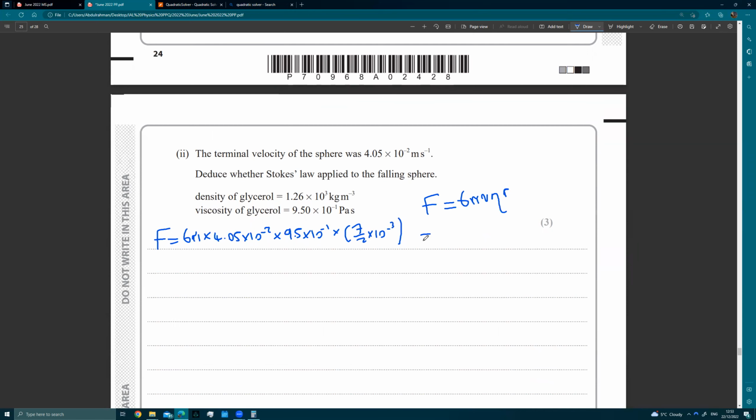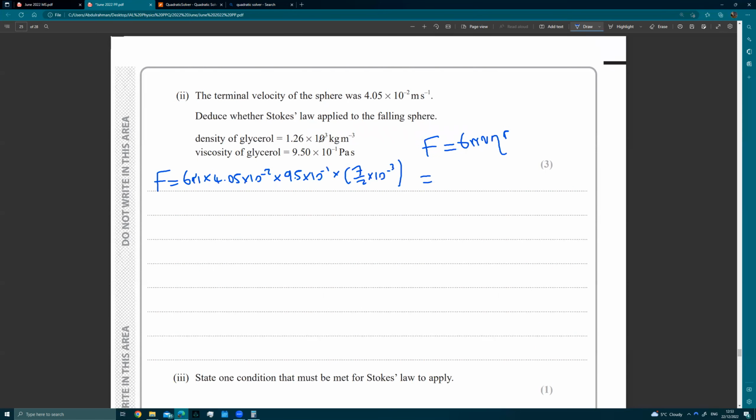So this is your viscous drag. Let's say we worked it out and we got some value A. And now what we're going to do is consider, okay, this is the friction you would expect. This is the drag force you would expect if Stokes' law was valid and it applied.